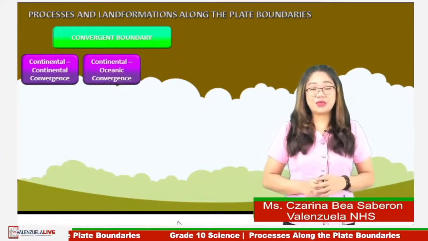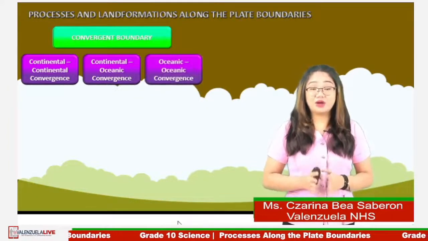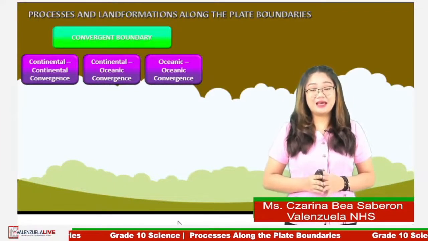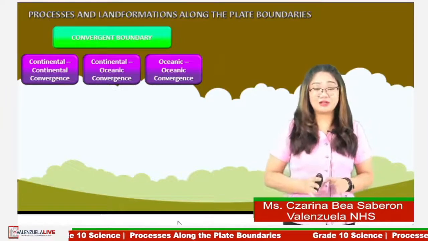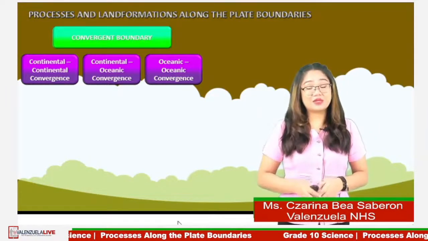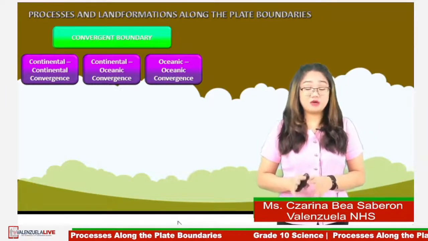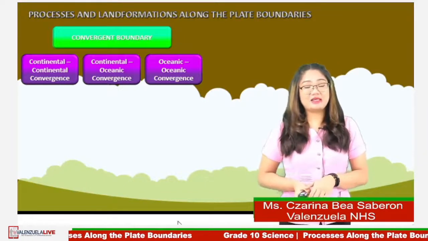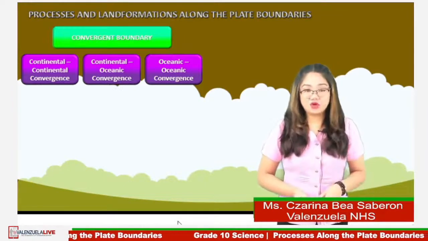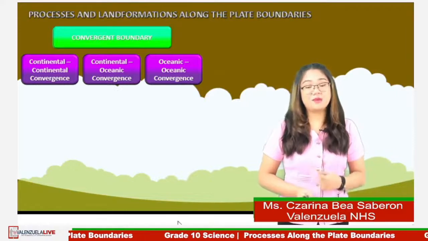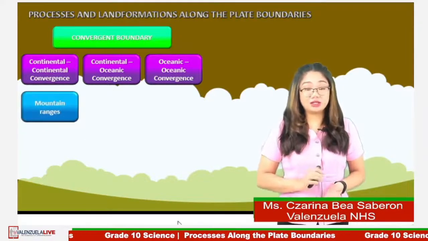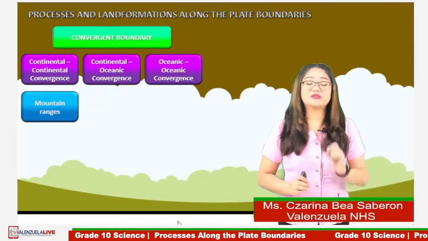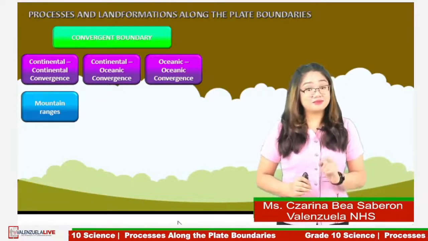First we have the continental convergence. Next, we have the continental to oceanic convergence. And lastly, we have the oceanic convergence. Now, what are the landforms associated with this type of convergence? Under continental convergence, it could lead to the formation of mountain ranges.